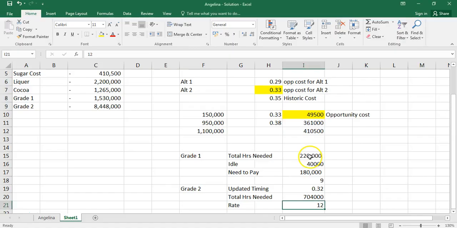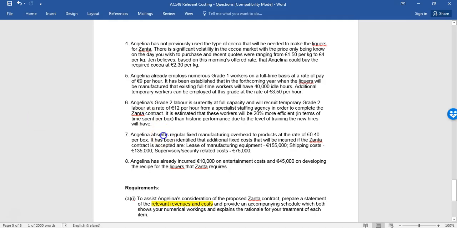And remember, we know what overheads are. Overheads are indirect costs, and we're trying to figure out, well, are these incremental? Do they change when we take on this project? And we're told here they absorb overheads at a rate of 40 cents per box. It has been identified that additional fixed costs will be incurred if the contract is accepted. And we're given 3 separate costs that are additional.